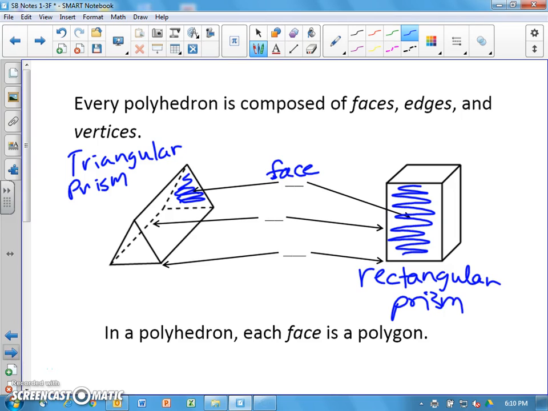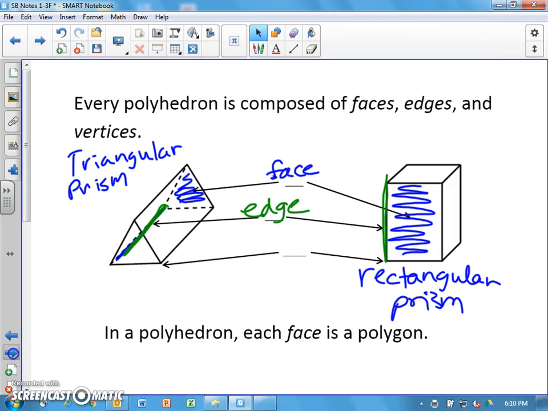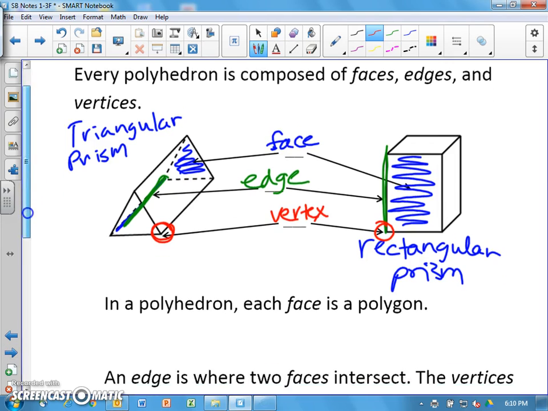The next one is this line right here, or this line right here, these are edges. And the last thing is this little corner right here, and this would be called a vertex. The plural of vertex would be vertices.